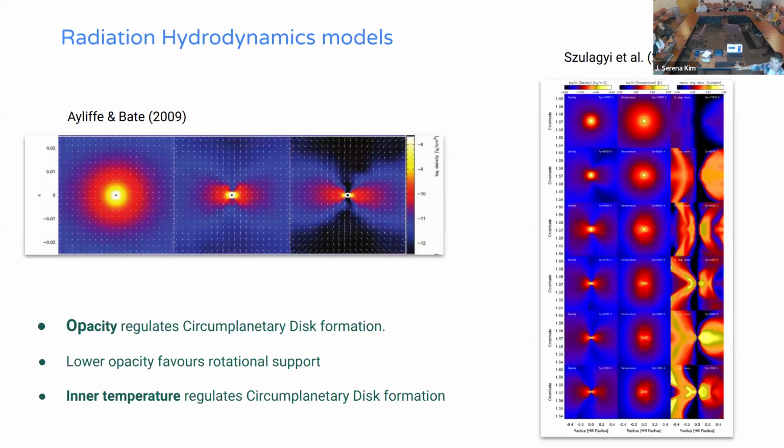A few years after that, the question was again addressed, but now in different terms. There was this series of work by Szulágyi et al., where they framed the question in terms of the inner temperature versus planet mass. There's some compressional heating process, there's accretion.